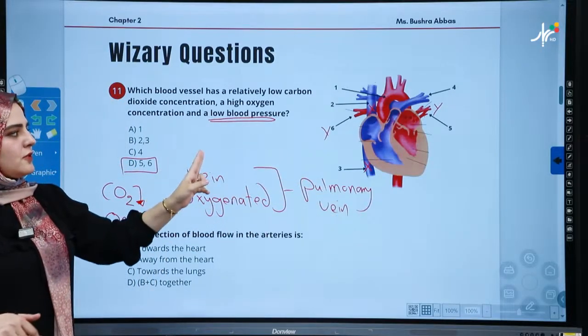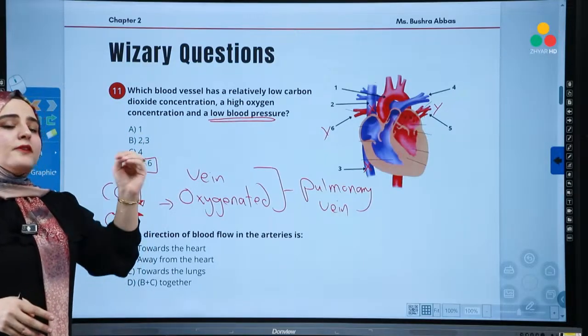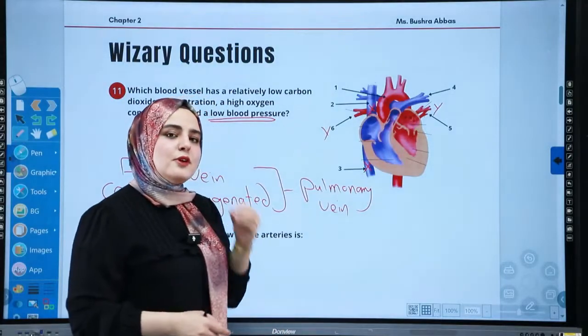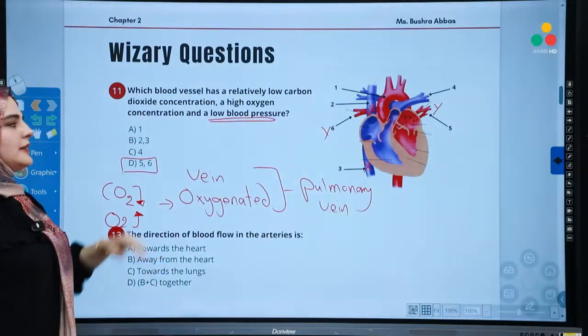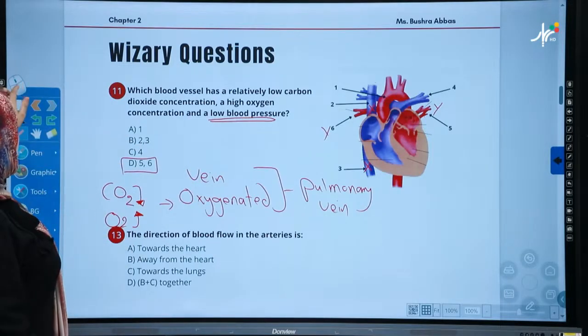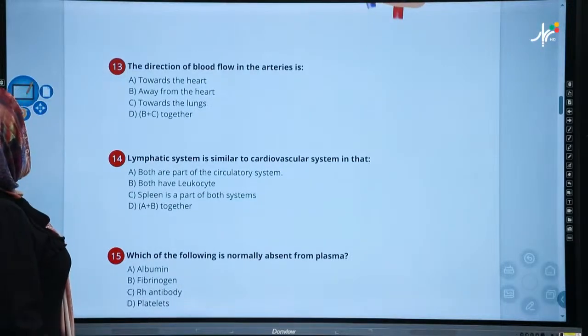Why 5 and 6, two of them? Because we actually have 4 pulmonary veins. All of them, even this one, go from the back and attach to the left atrium. We're doing great. See, breaking down and making small notes is going to do a lot for you. Let's take a screenshot of this one and let's start.